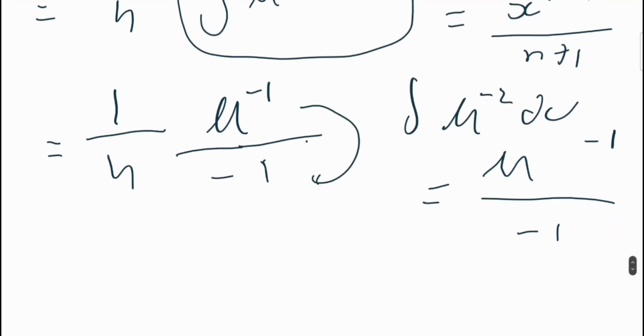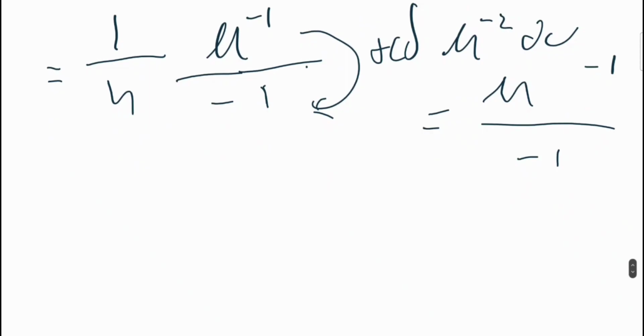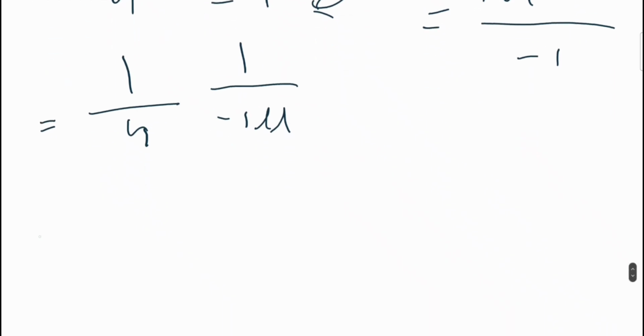So we can actually move the u back down to the bottom to make the exponent positive again. So this is going to equal 1 over 4, 1 over negative 1 u. Great. So we'll simplify this a bit more and go 1 over 4, and then negative 1 over u.